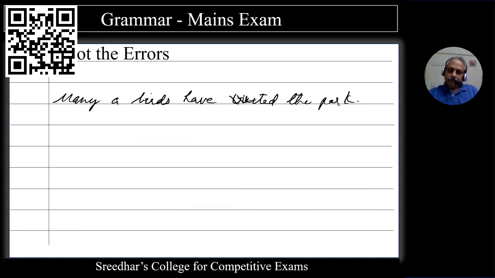Here, visited the park. This sentence is wrong. Why is it wrong? The phrase here, many a. This particular phrase takes a singular noun. Birds is not correct. Bird. A singular, excuse me, a singular verb. Have is not correct. Has is correct.